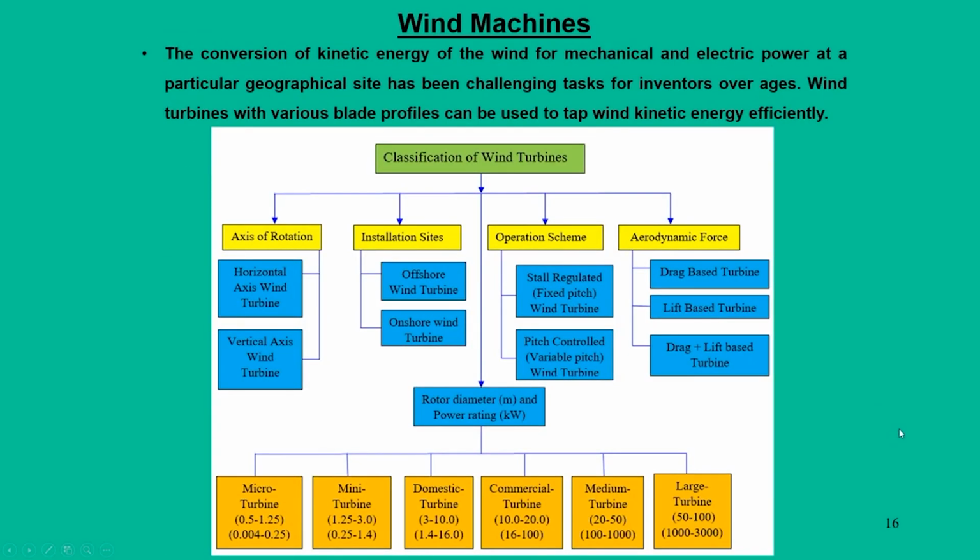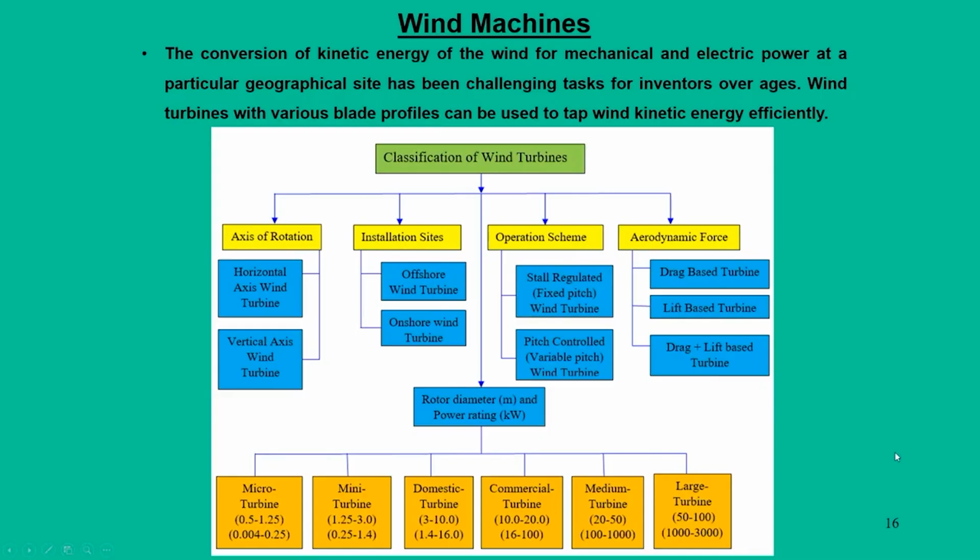Knowing all these lift and drag force concepts, we are now in a position to define various designs of wind machines. Wind machines are conventional machines which capture wind kinetic energy and convert it to power or mechanical work.